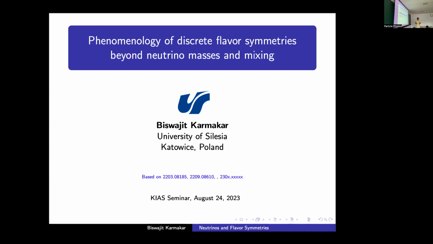And the third approach is the symmetry-based approach, which this talk will deal with, where we incorporate some guiding symmetry for the Lagrangian, and that symmetry leads to non-trivial mixing in the lepton sector. In some cases, it can also be included for the quark sector.